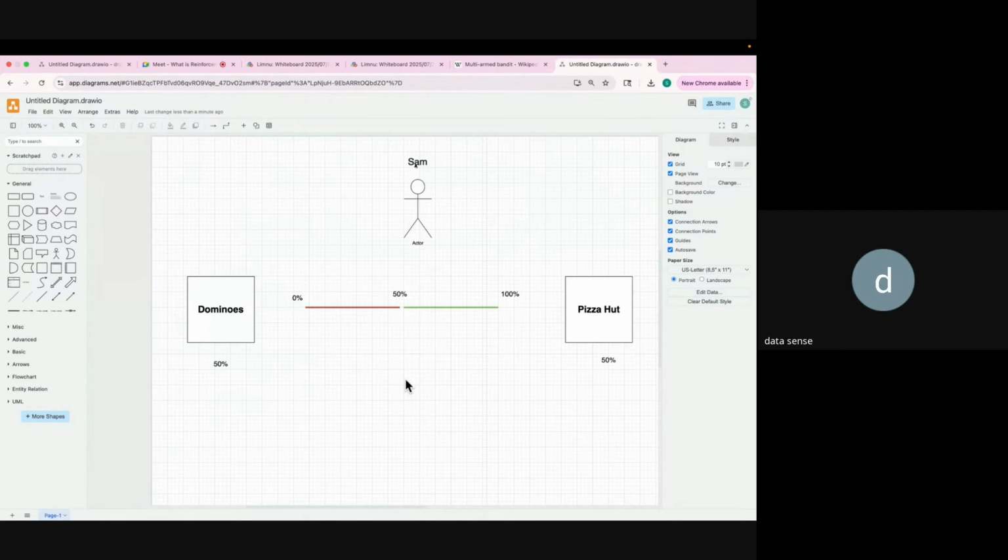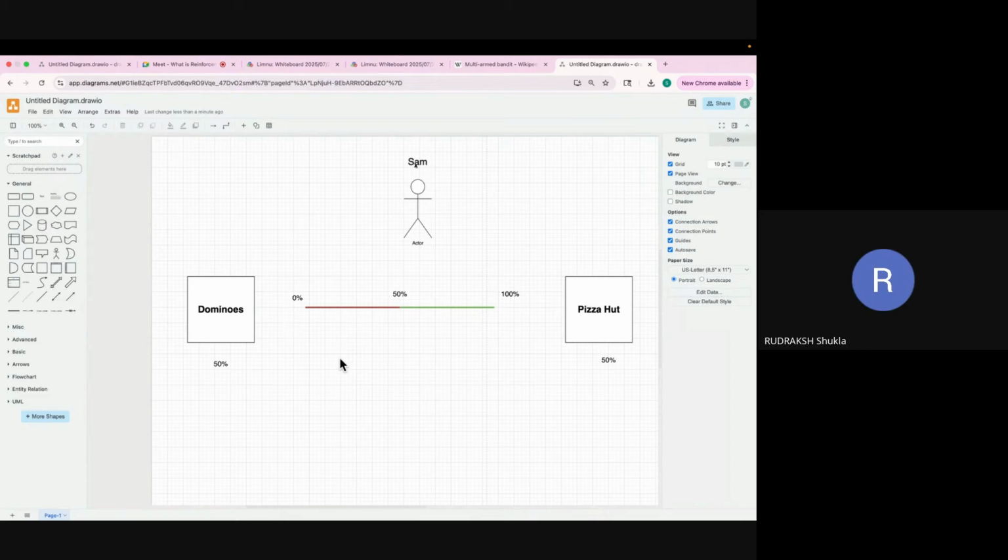Let's roll a die. Let's assume this is a single line. At whichever mark the die lands, if it lies on the green, he'll go to Pizza Hut. If it lies on the red, he will go to Domino's. Because the probability is equal, there is equal chance of him going to each of the places. Correct?